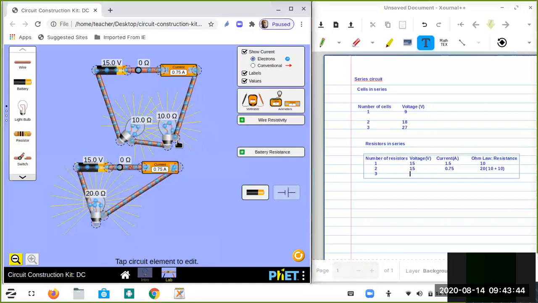Let me dismantle this part and disconnect it. And disconnect this one also. And dismantle here. Let me add another resistor.